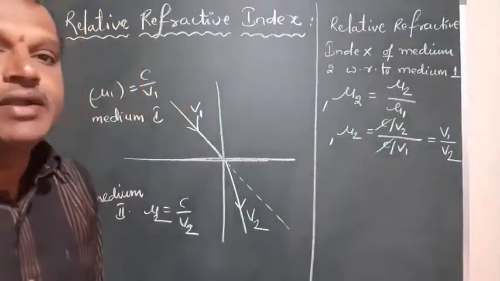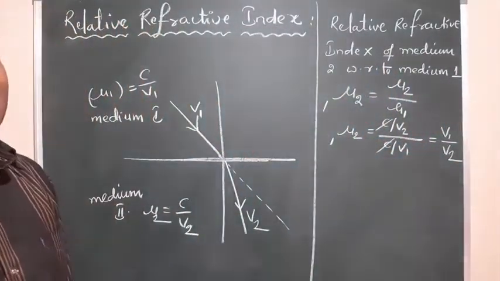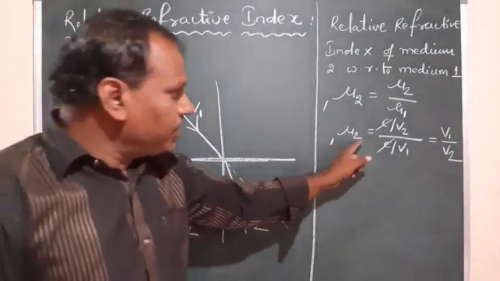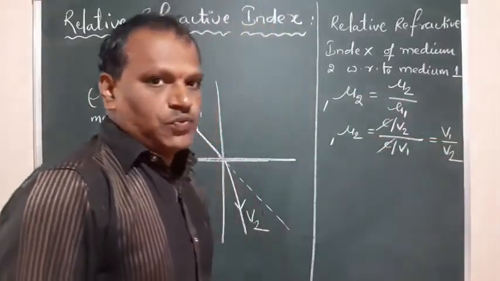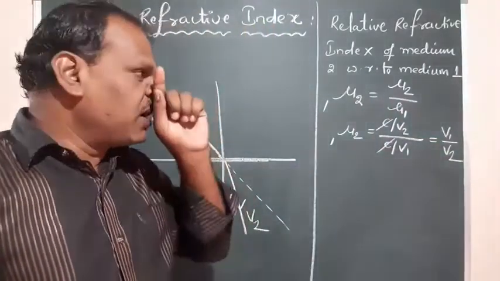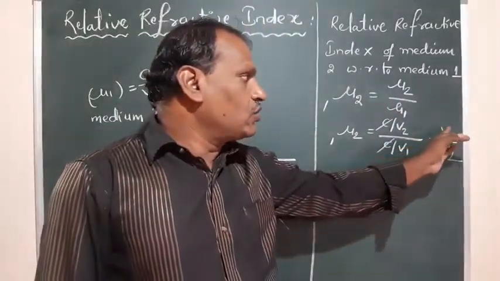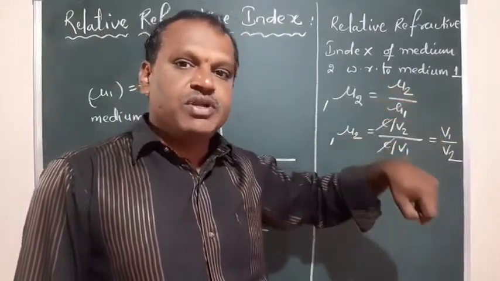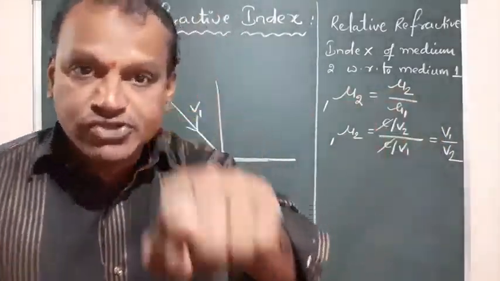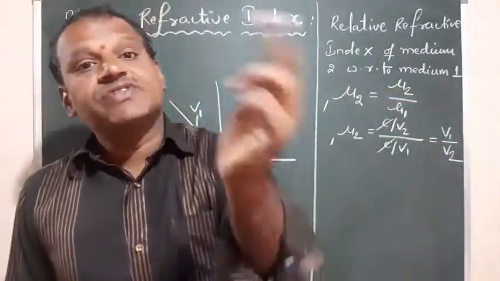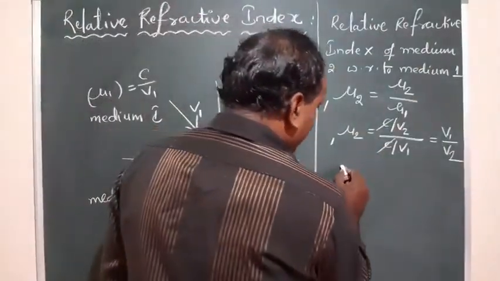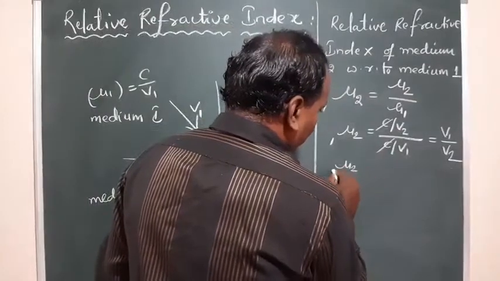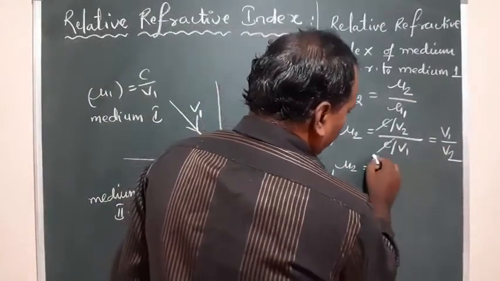That means the relative refractive index of medium 2 with respect to medium 1 is given by V1 upon V2. The ratio of the velocity of light in the first medium to the velocity of light in the second medium gives the relative refractive index of the second medium with respect to the first medium. So mu21 is equal to V1 upon V2.